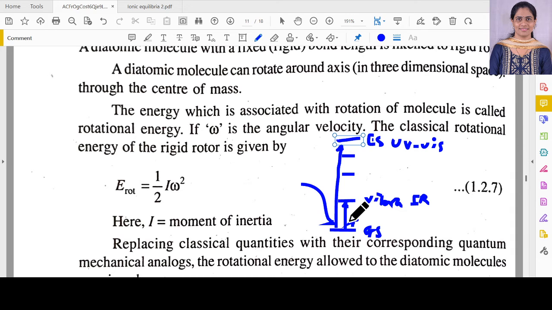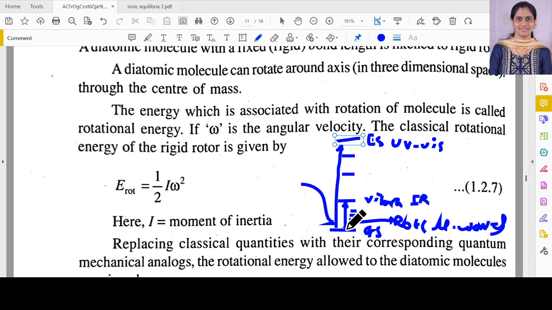These are the rotational energy levels present in the molecule, for which microwaves are enough. In the principle of the microwave oven, there is rotation of the molecule, and because of those transitions we can cook food using a microwave oven.